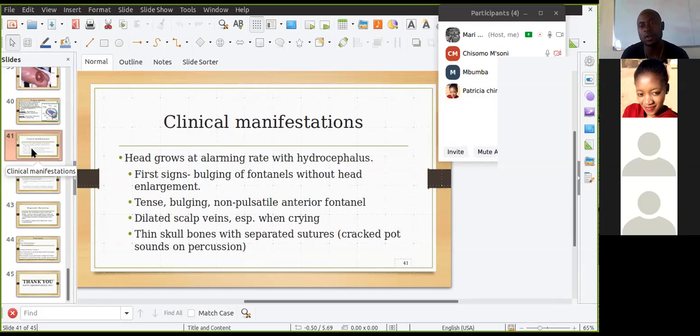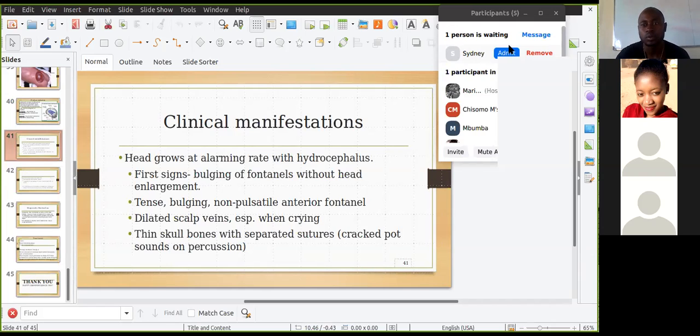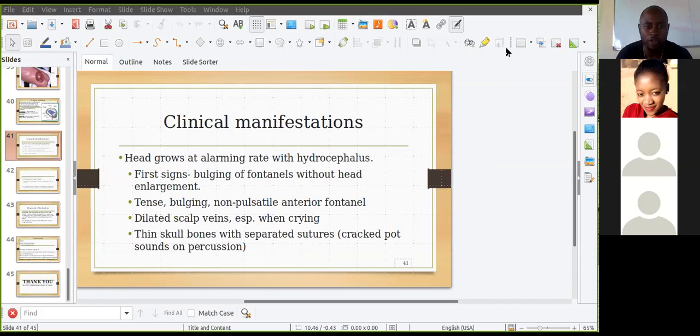Once you see those signs, it is important to start suspecting what? Hydrocephalus. The first sign sometimes is abnormal bulging of the fontanelles, so you find that the fontanelle bulges at an abnormal size.